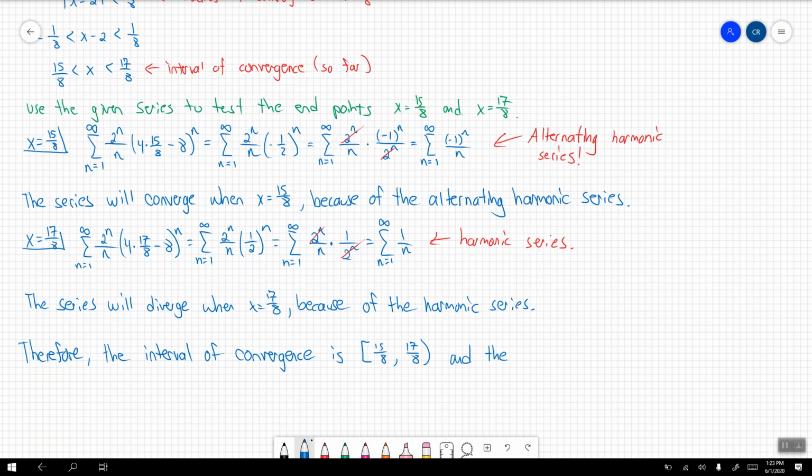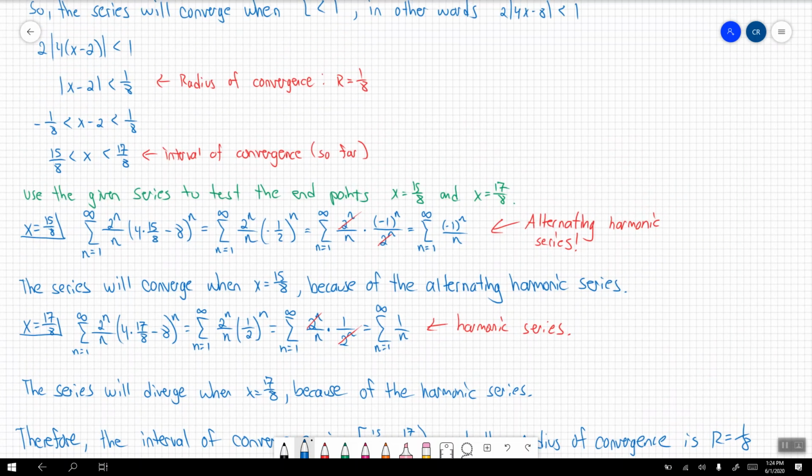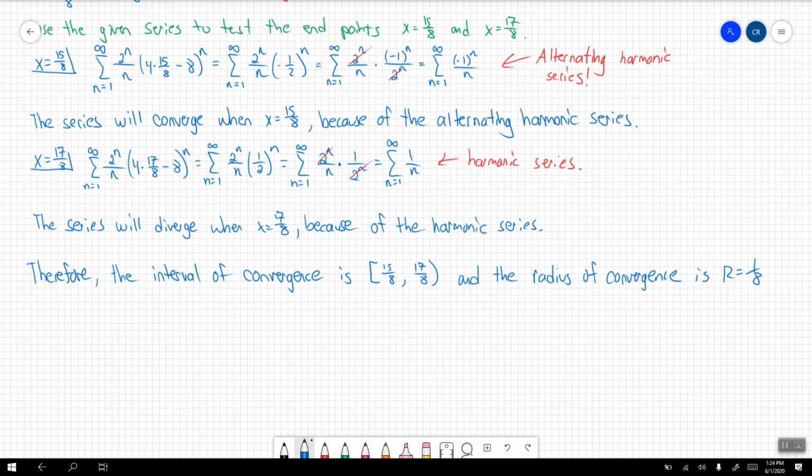The radius of convergence is r equals 1/8. And again, r equals 1/8, that's what we kept in our back pocket over here, and this is what we're looking at.